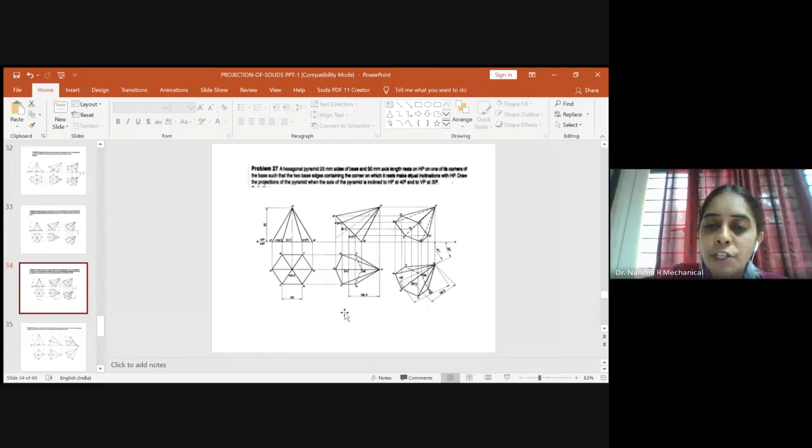Okay, so you take the projection from each and every point of our front view. After that, kindly take the projections from the top view as well. E and F will be along same line. D and A will be along same line. C and B will be along same line. Along with that, take the projection of D and A. In that, you will be having the center also coming along the same line.